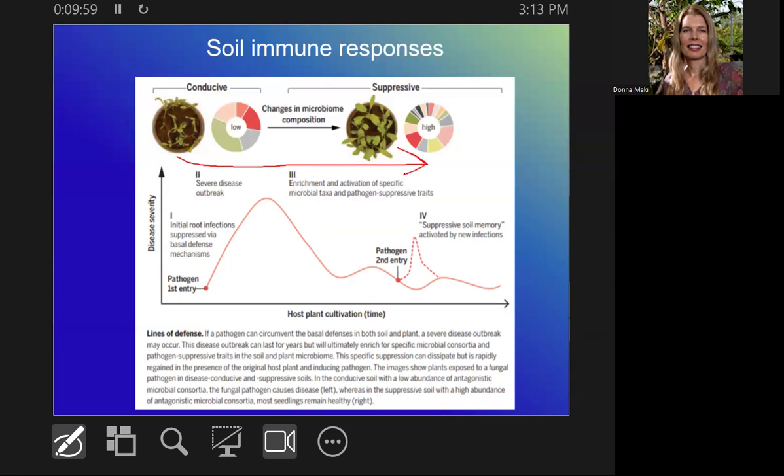So then when my postdoc advisor started looking at that suppressive field, she's like, well, if we could study how this happened, like what's going on here, maybe we can artificially create a suppressive soil anywhere we want if we can figure this out. And so that's why we started studying that soil system, to see if we could figure out a way to create a suppressive soil.